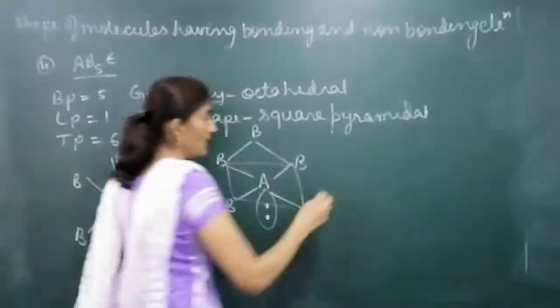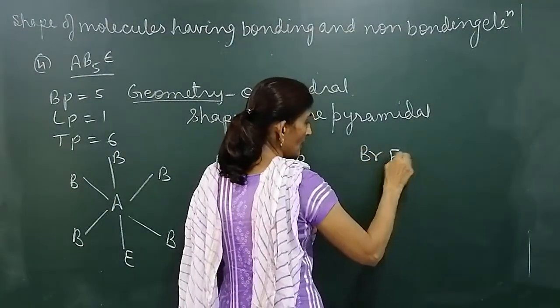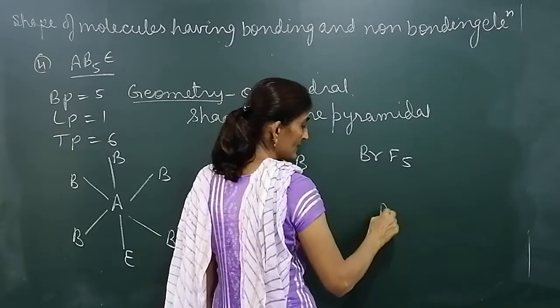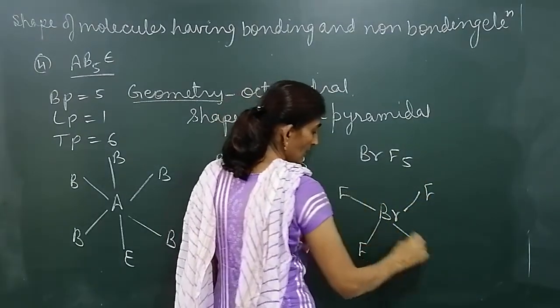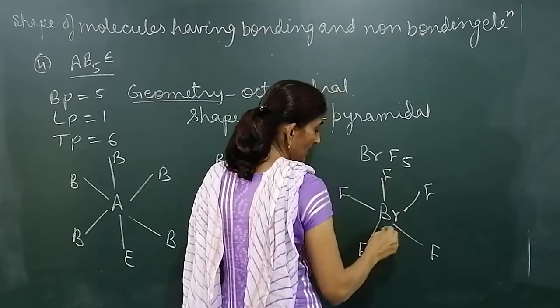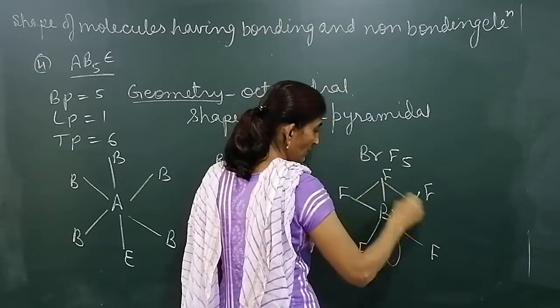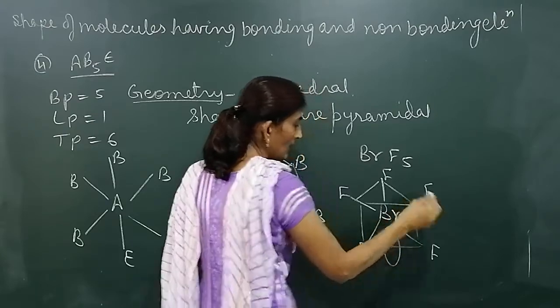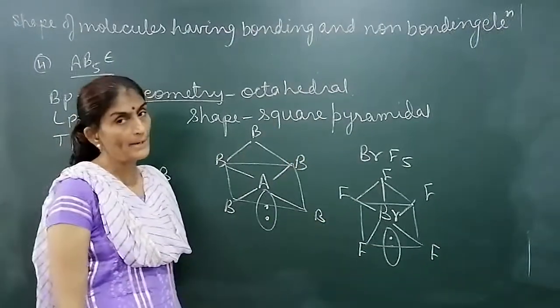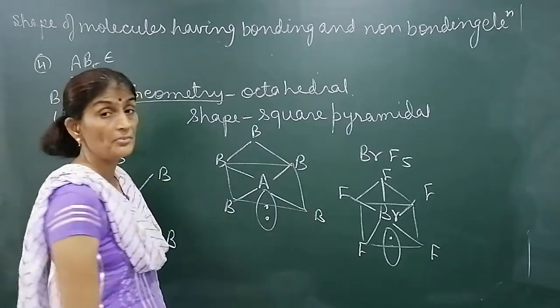Example is BrF5. Bromine at the center, 5 fluorine atoms are arranged at the corner and 1 above the plane, and this is the lone pair. So what is the shape of BrF5? It will be square pyramidal. Okay, AB5E.